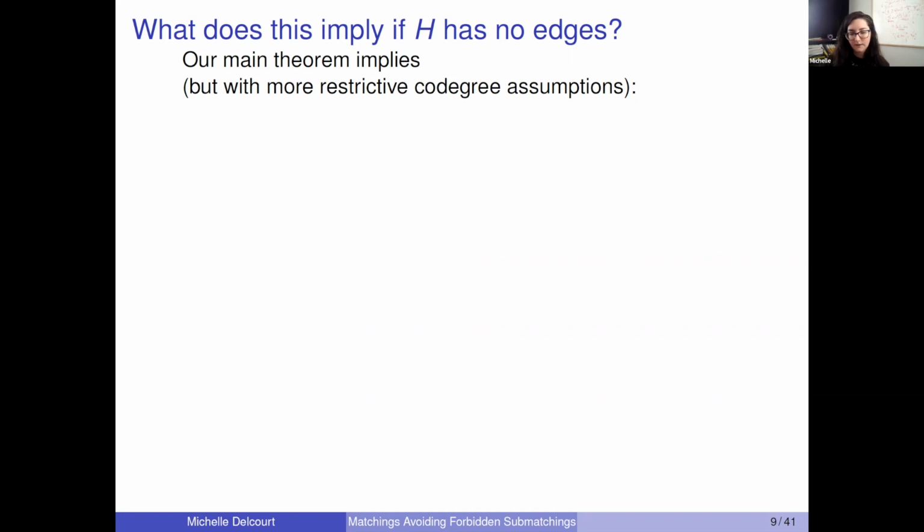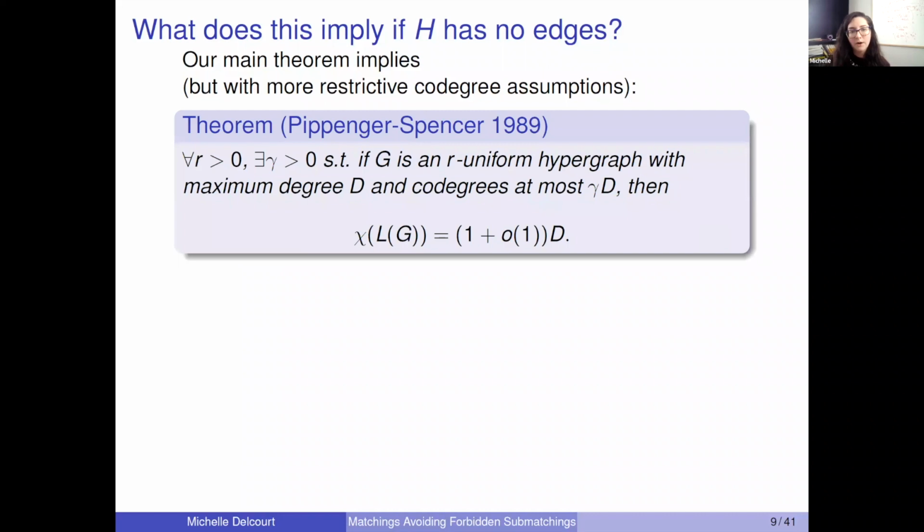So first of all, let's think about our configuration hypergraph having no edges. What does this mean? Well, we are not forbidding anything. We just want to find large matchings. And I've said this already is a bit of an ambitious undertaking. Morally, we're saying something along the lines of Pippenger-Spencer.